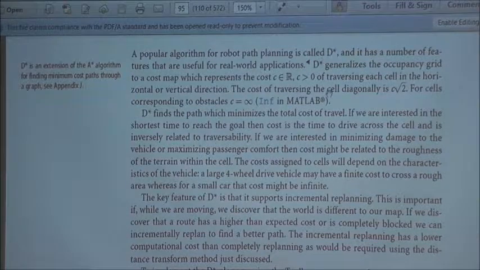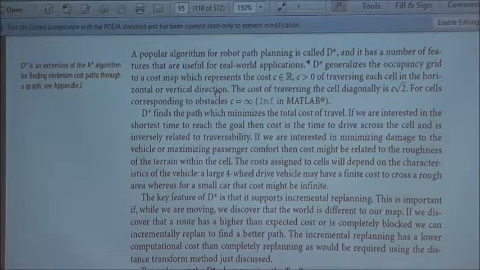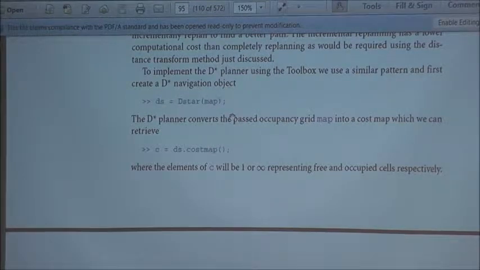So in this case, you start with your map as usual. Then you go to a command called dstar, call it ds. And it goes through cell by cell, and each of them figures out the minimum cost of going from cell i to cell i plus 1.